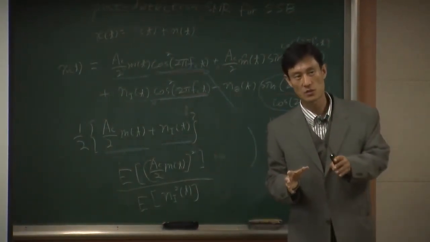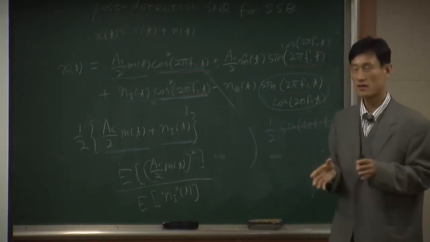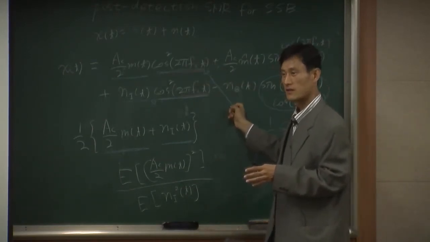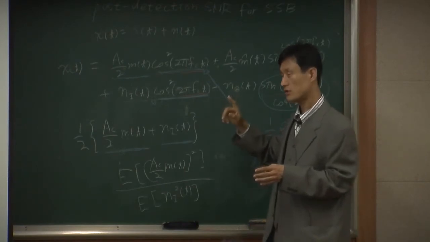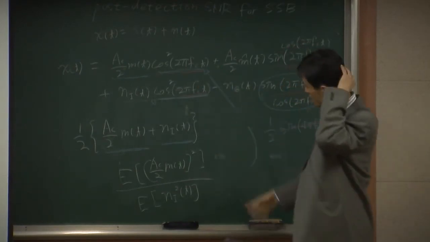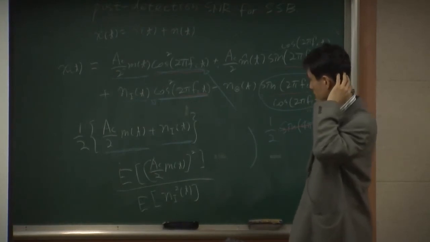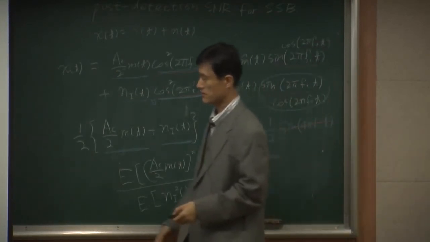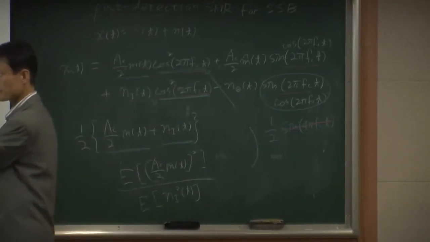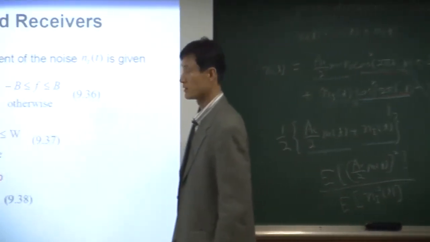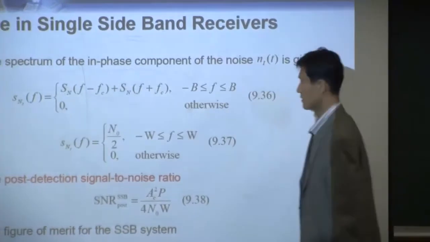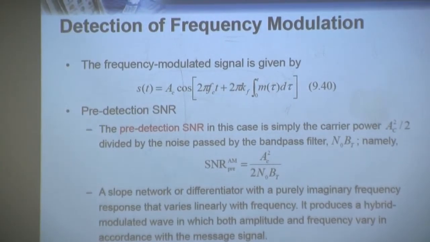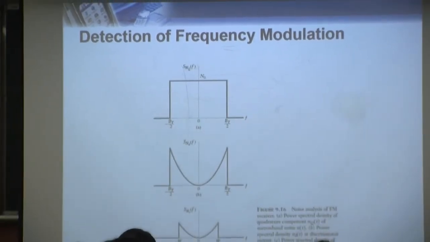Because post-detection is always measured at the baseband, so you need to change it to baseband. Okay, so that's one thing to do. And all the other thing is pretty easy to do. Just use identity and then doing like this.